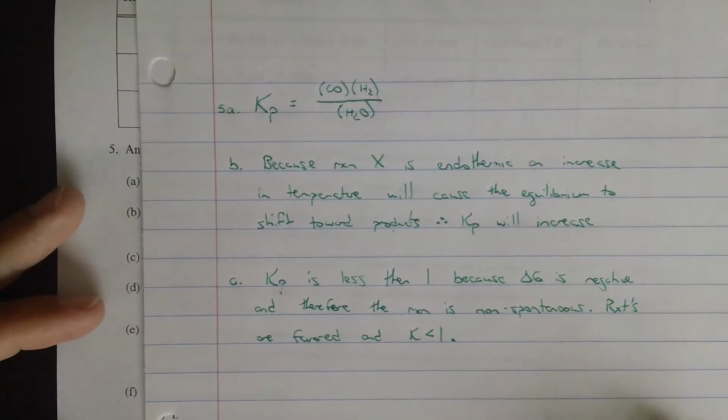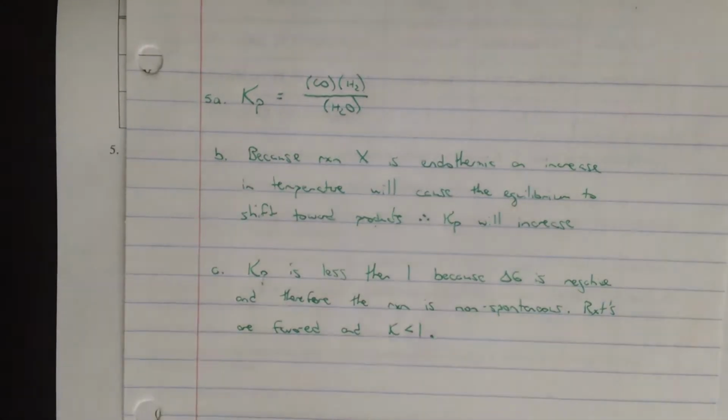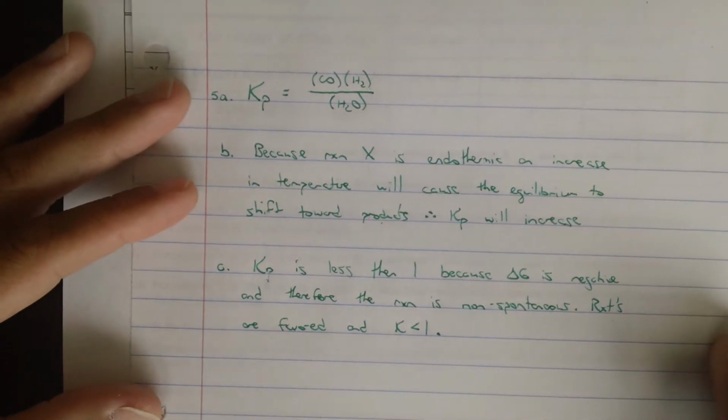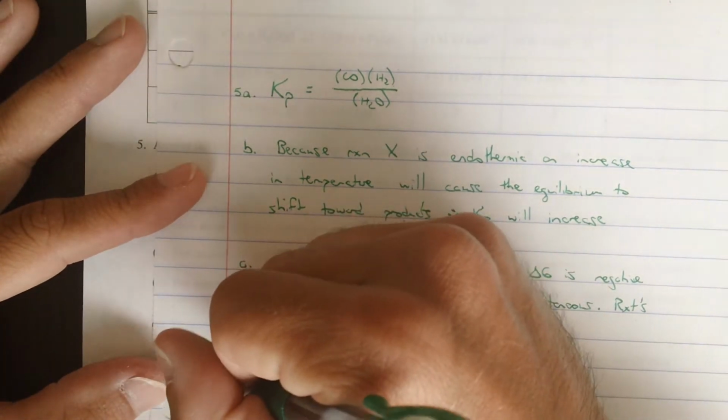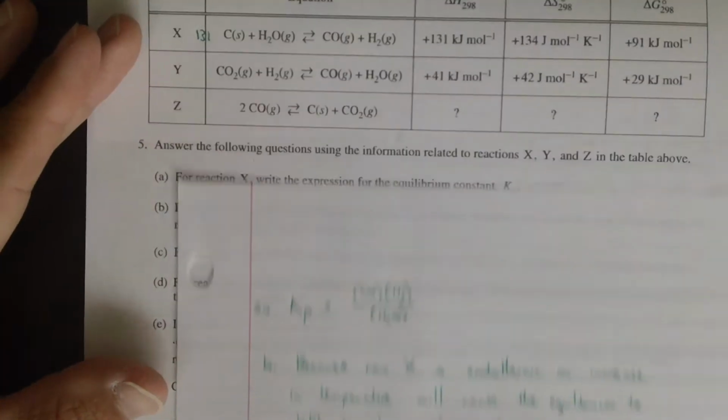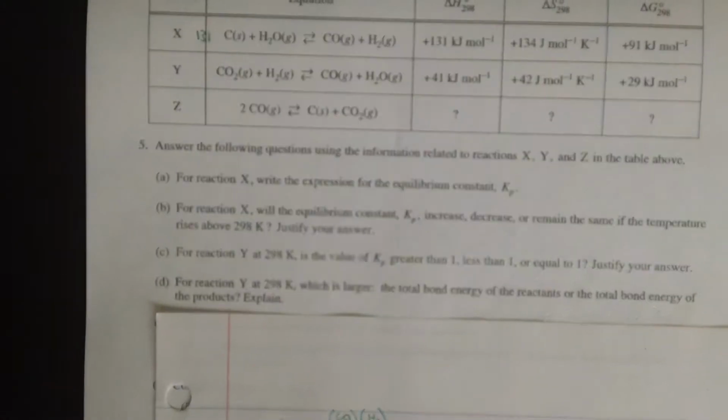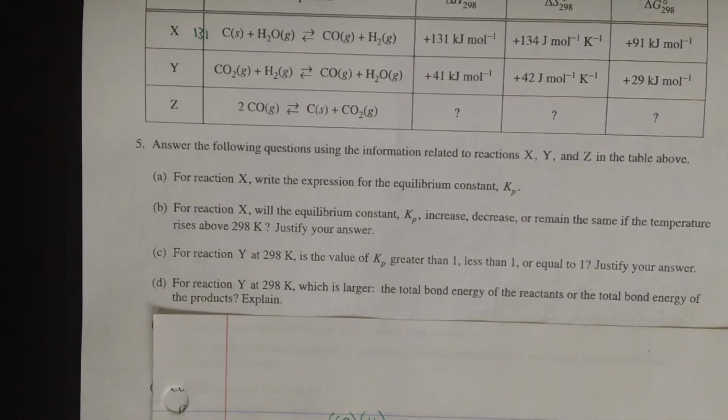That's it. It's determined by the delta G being non-spontaneous. You could come in here and put delta G equals negative RT ln K. That's a fair way to state that as well. In fact, you could also put that in that answer just to make sure you've covered all your bases.